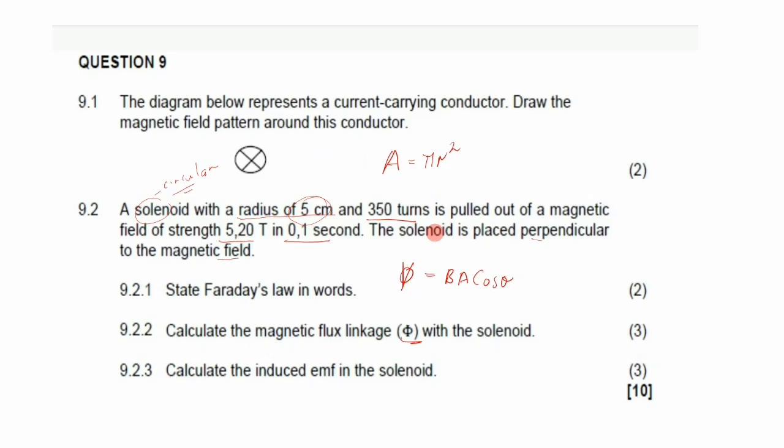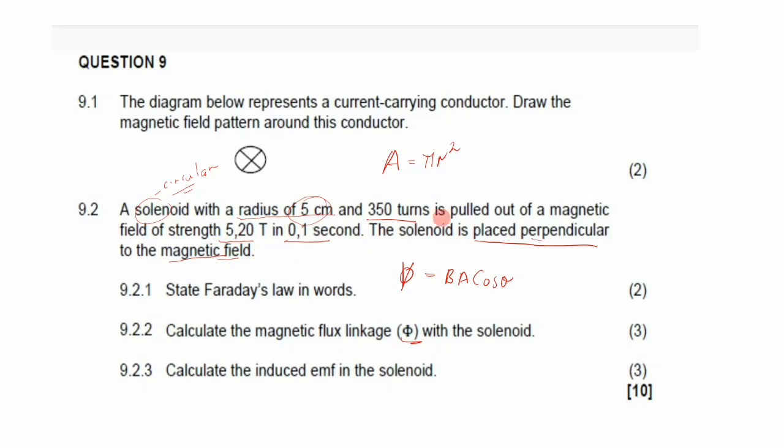If we read here, it says the solenoid is placed perpendicular to the magnetic field. But the angle that we are looking for is not between the solenoid and the magnetic field. It is actually between the magnetic field and the normal of the magnet, right?